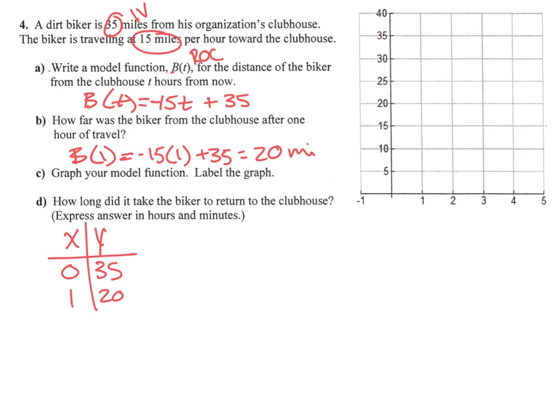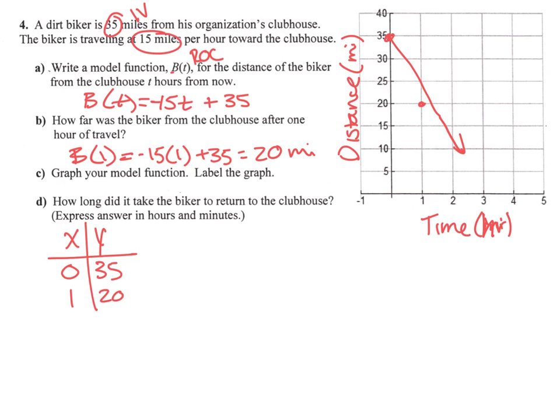Okay, so we can just graph those 2 points. Should be hours. 0, 35. I'm way off.